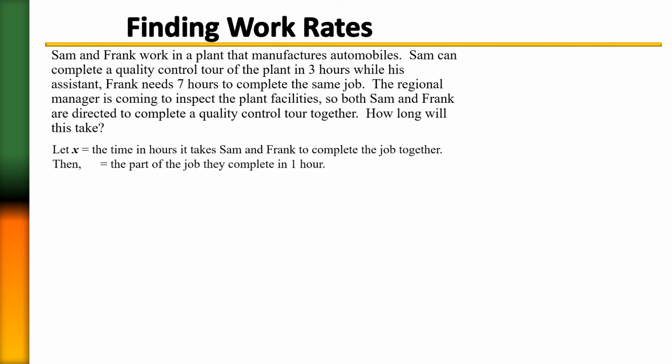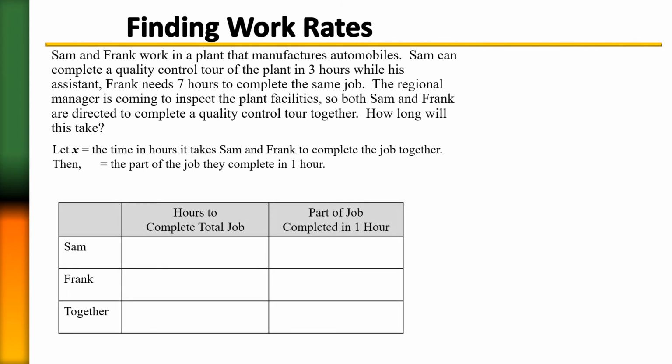So we note that we're going to use 1 over x to represent the fraction part of the job that each guy can complete in an hour. Okay, so if 1 over x is 1 hour, and who was it? Sam can do the job in 3 hours.